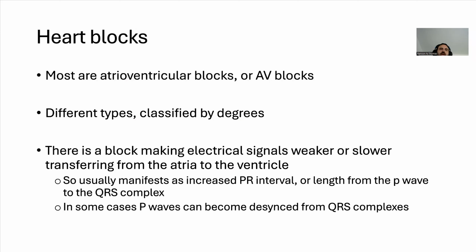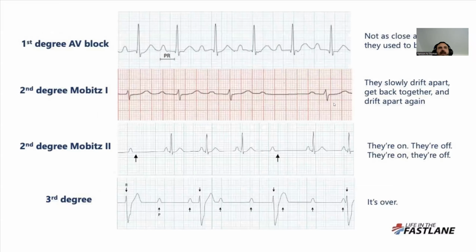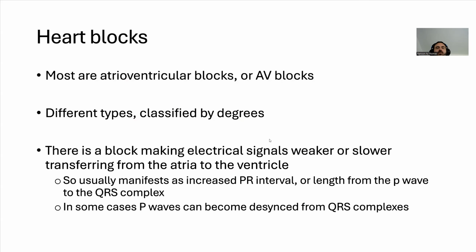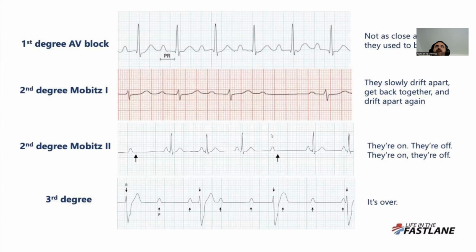That's in the worst heart blocks, meaning that instead of just seeing the space between the P wave and the QRS get wider, you start having multiple P waves occurring before a QRS happens. And it might sound like I'm describing atrial flutter with that, right? But I'm going to explain what that can look like in a second. So this is just a real quick rundown. Thank you, Life in the Fast Lane, I guess, whoever you are, for making this.